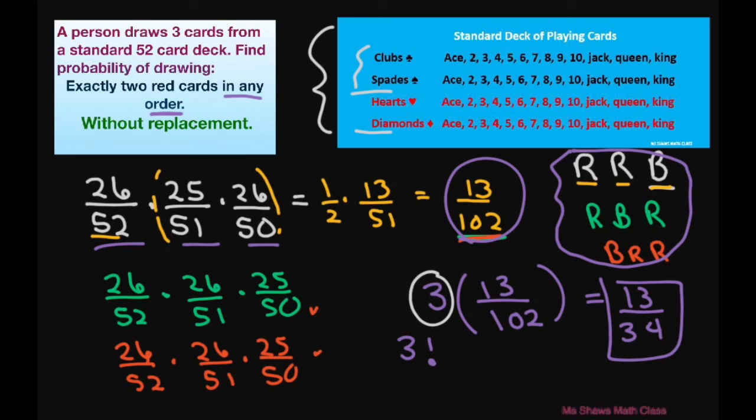The reason we have 3 is because we have identical permutations. We have 2 reds that are identical. So that's why you divide that by 2, and that would give you the 3. If it was red, green, and blue, something like that, we would have multiplied this by 6.